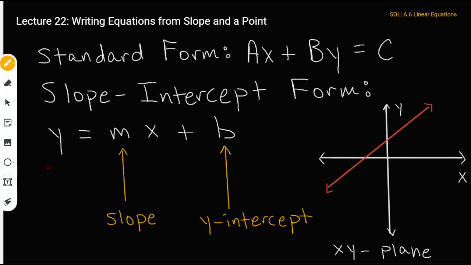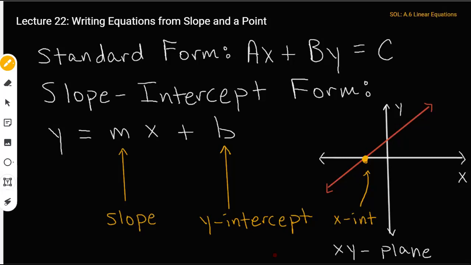That's where it's going to cross the x-axis. So I'm going to put a dot there. And I'm going to call this my x-intercept. I shorten it to xint. That just means x-intercept.